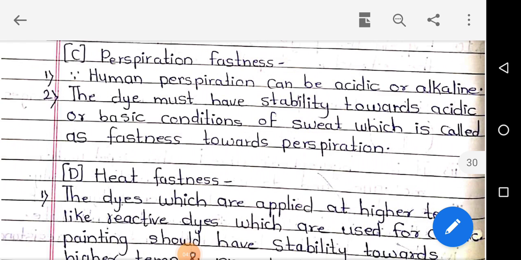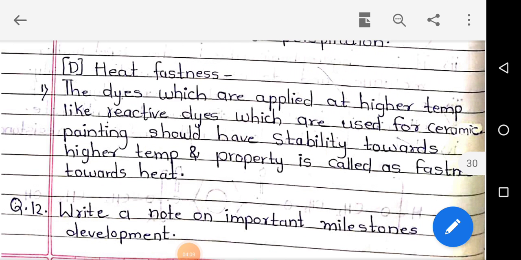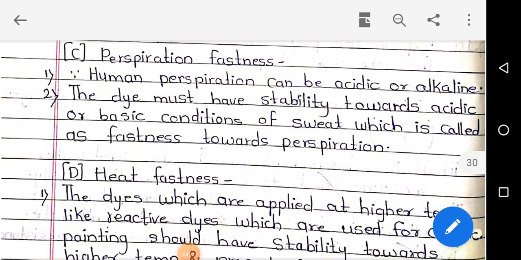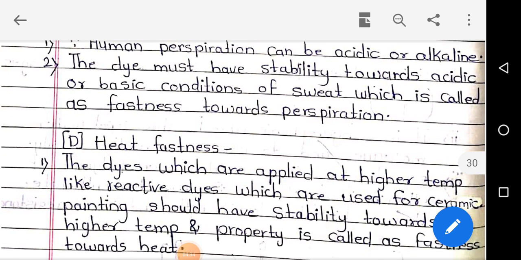Those gland secretions are sometimes acidic or basic, and they stick to the cloth and dyes. If it is not a good type of dye, it will definitely affect the cloth and the dye will be removed and become faint. So all these things have to be considered while preparing the dyes.